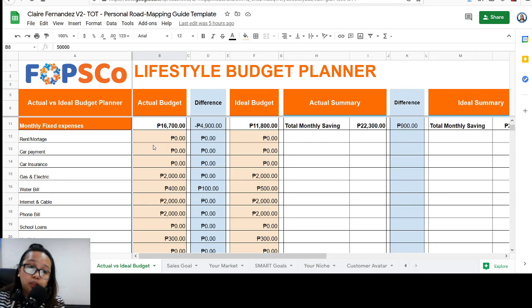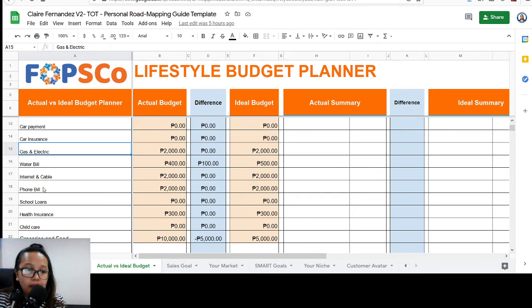Of course, we've got to check our monthly fixed expenses. If we rent a house, in my case I don't rent a house, so it's 0. Do you have car payment, car loan payment, car insurance, gas and electricity? In our case, we have 2,000 per month. The water bill is just 400 per month. Internet and cable, we have 2,000. Phone bill, 2,000 for load.